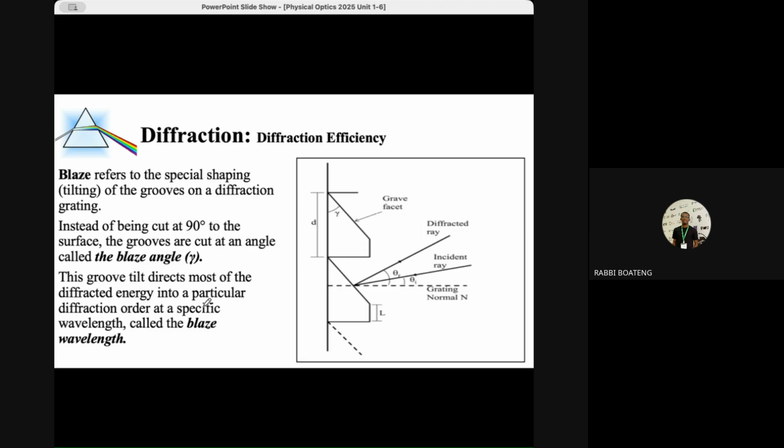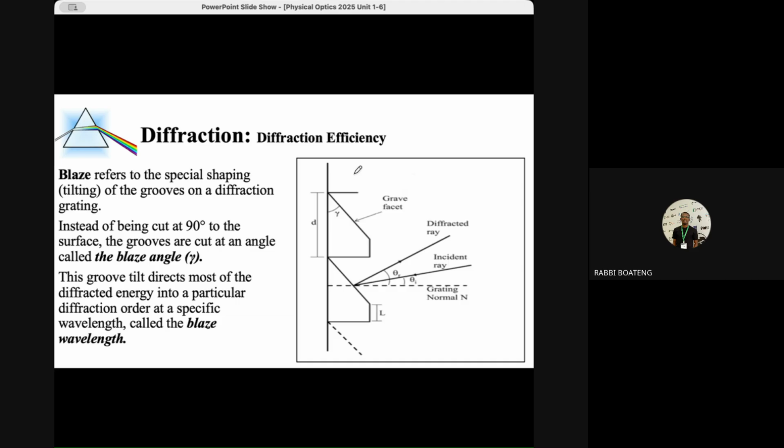We can also bring in something that affects the efficiency a lot, and we call it the blaze angle. In fact, we have the blaze angle, the blaze wavelength, and other things. In diffraction, I said we have one that is transmission and one that is reflectance.